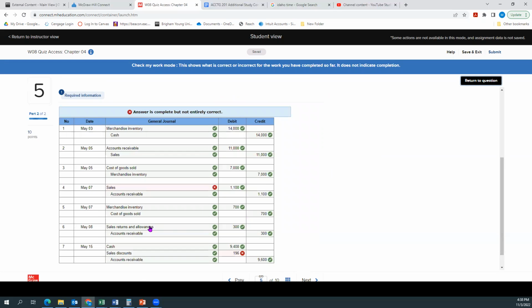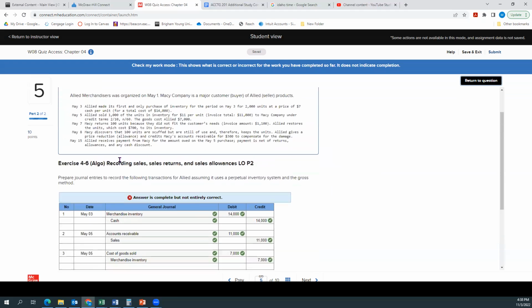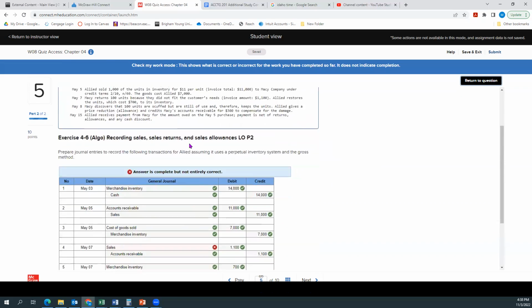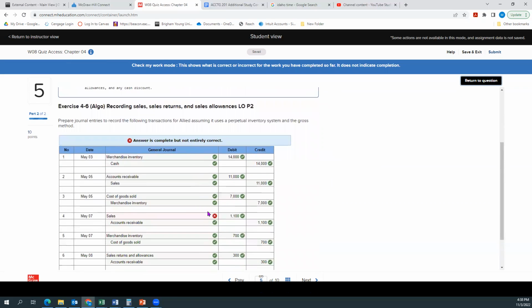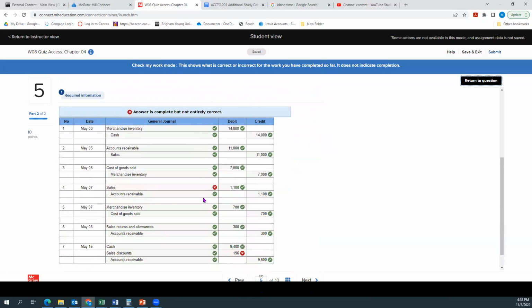All right, so what they didn't want me doing here is calling this May 7th amount sales. Let's look back at it. We return 100 units because they did not fit the customer's needs. So they didn't want me taking it off of sales, which, now that I think about that, makes sense. Instead, we're going to call this sales returns and allowances.